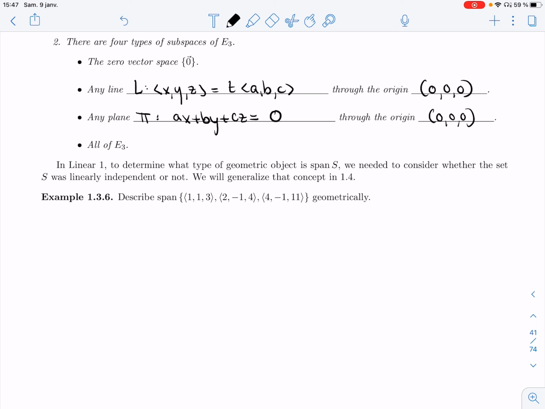All right, so if you remember, if all the vectors are the zero vector, then the span would be just the zero vector. Clearly not the case.